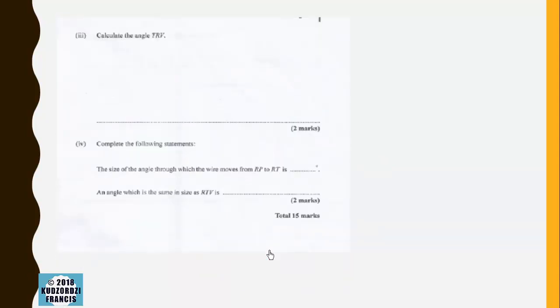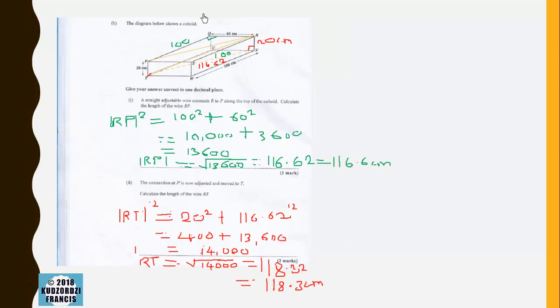So now we are supposed to calculate the angle TRV. So angle TRV, this angle that the diagonal over here, or this line RT, makes with this side.